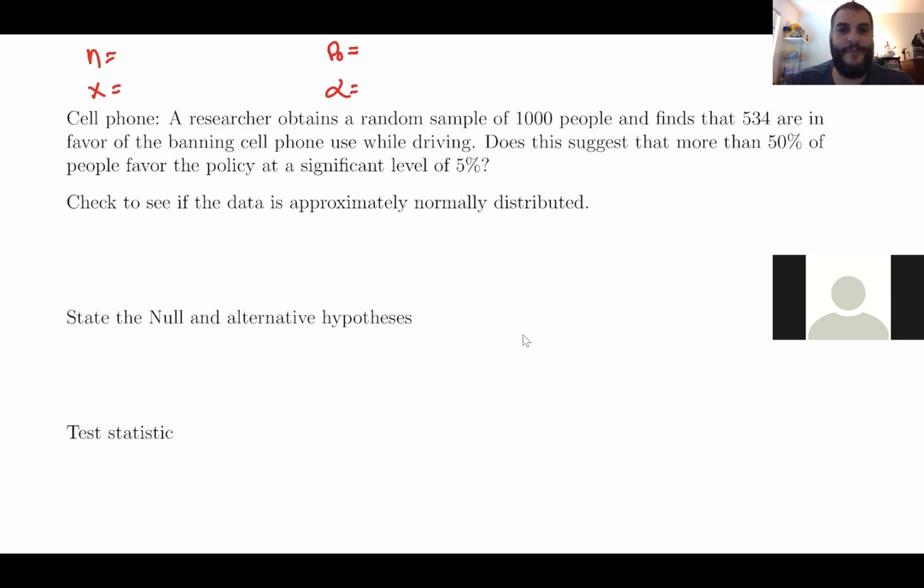What's my sample size? How big of a sample size do we have?